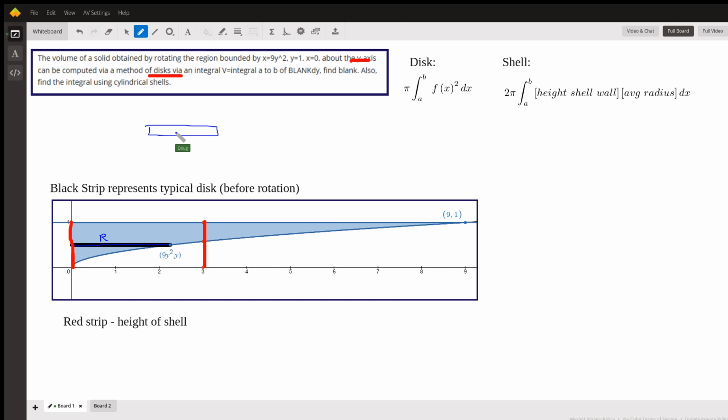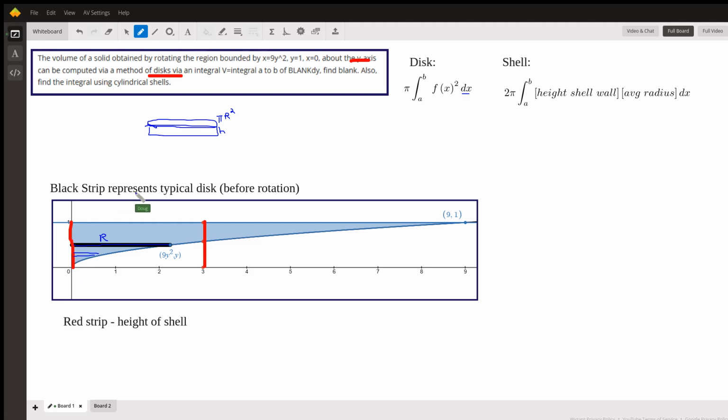Its volume is the area of the base, which is pi r squared, times its height, which is going to be represented by dx, or in this particular case, dy, because these typical disks are going to occur along the y-axis.